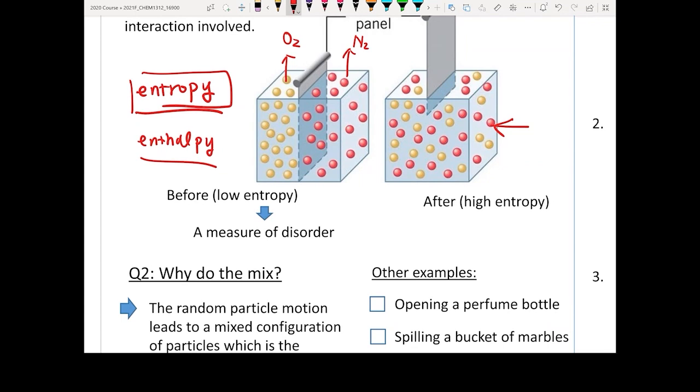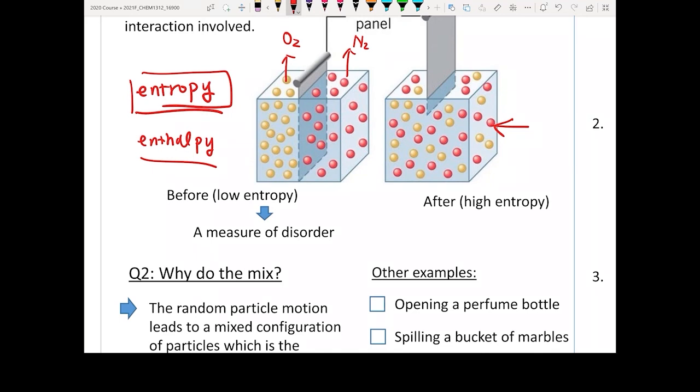Under normal situations, when you don't pay too much attention to the cleanliness of your room, what happens to your room in the end? Things will go everywhere, right? It becomes very random. So if you have higher entropy, meaning the situation becomes more random, it's actually a preferred state in nature. That means it's going to happen spontaneously. It's going to happen naturally.